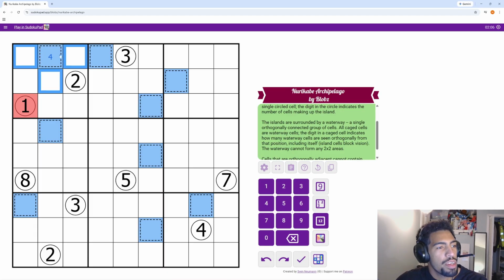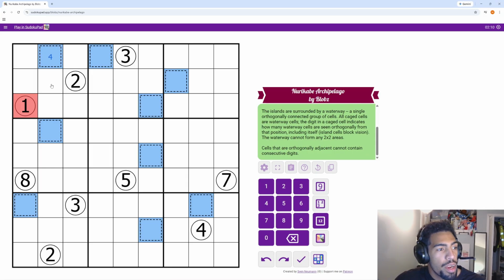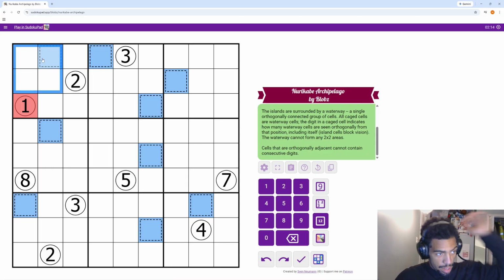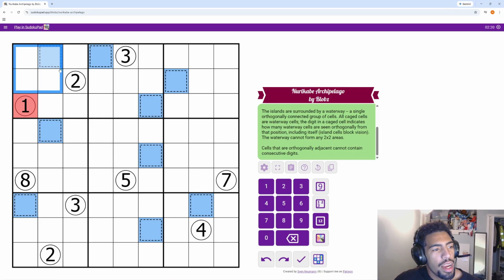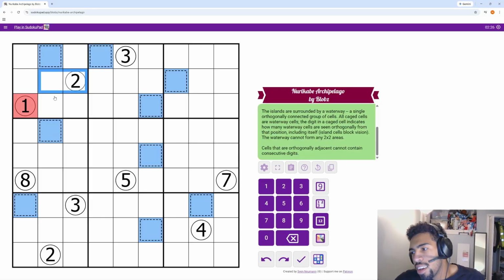Island blocks vision. Sure. The waterway cannot form any 2 by 2 areas. Right. So this could not be all water. Cells that are orthogonally adjacent cannot contain consecutive digits. Okay. All right.